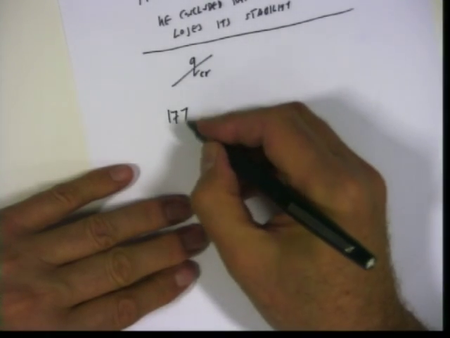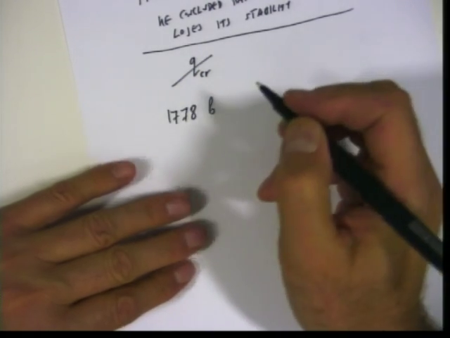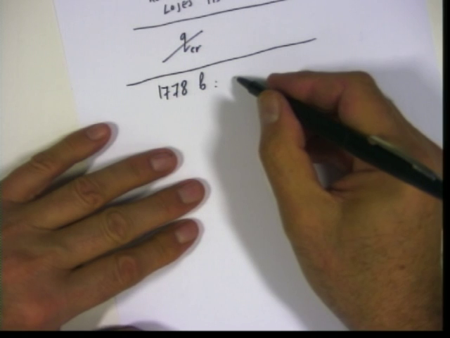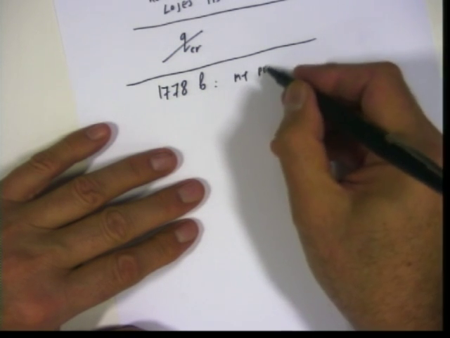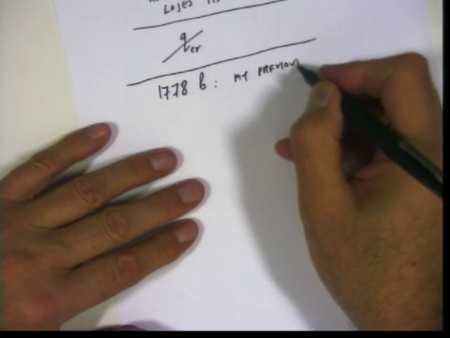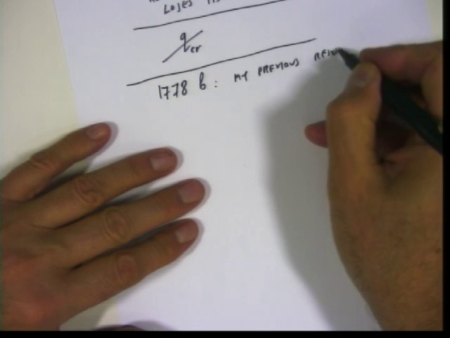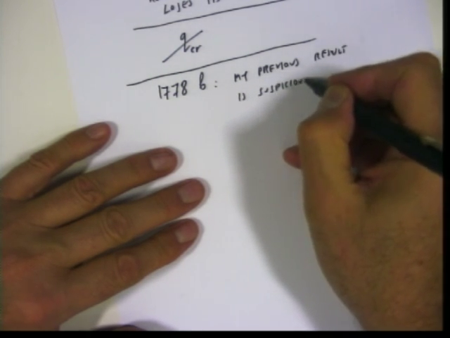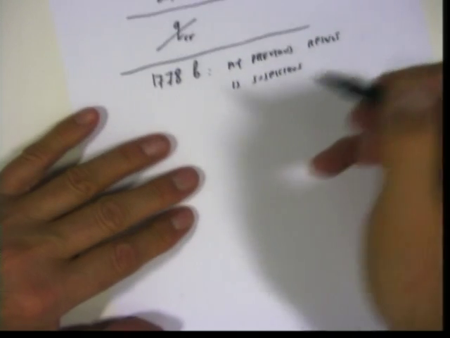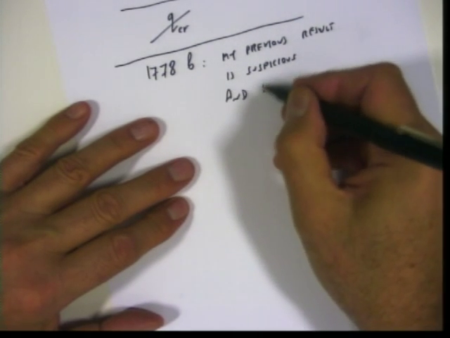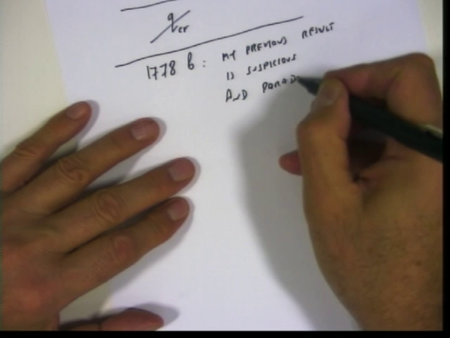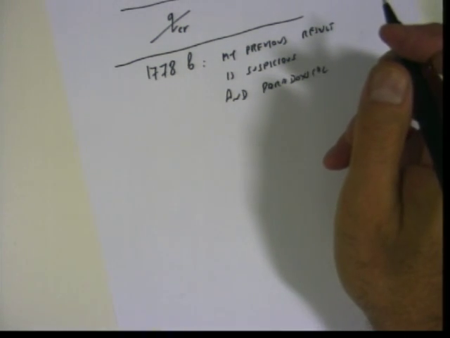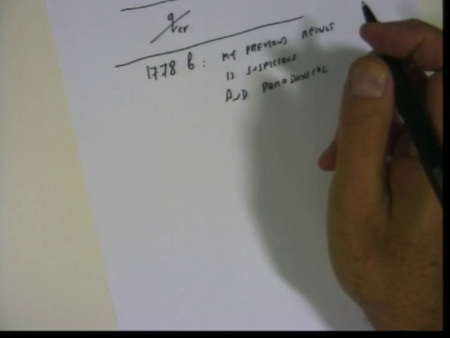Now the 1778B paper. He says, my previous result is suspicious and paradoxical. Means that cannot be, he said, that suddenly this column does not lose its stability.